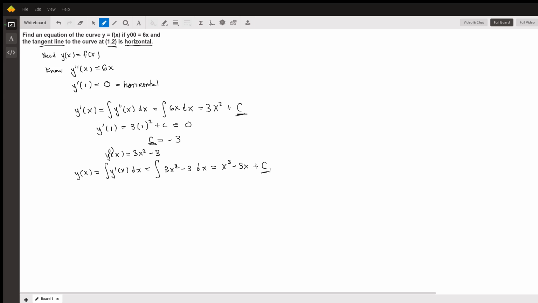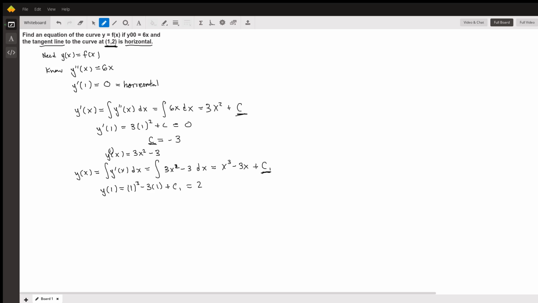Okay, so now how do we find the c1? Well, we know that the curve has to cross (1, 2). So now we can go back to the function and plug in 1. That is 1 cubed minus 3 times 1 plus c1 has to be equal to 2.